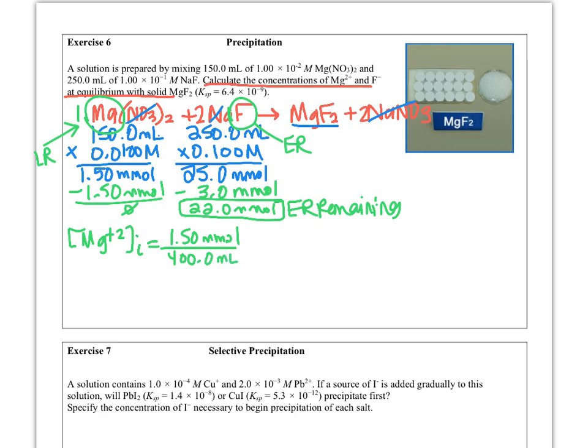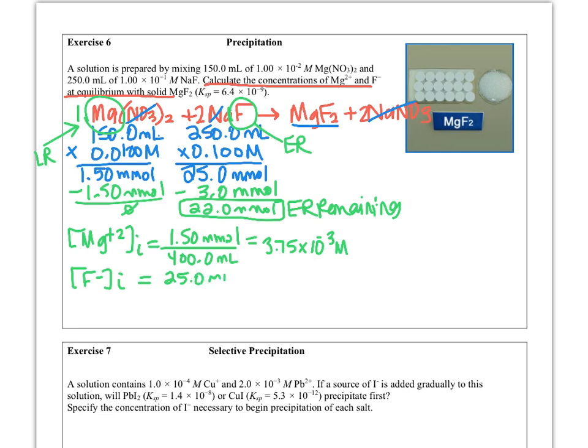milliliters, right? So then that means that this concentration is going to end up being, sorry, I have to figure that one out, 3.75 times 10 to the negative 3 molar, okay? And then same thing for my fluorine ions. My concentration of fluorine ions initially, when I put those in there, are going to be 25 millimoles.